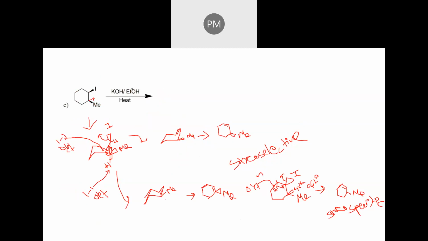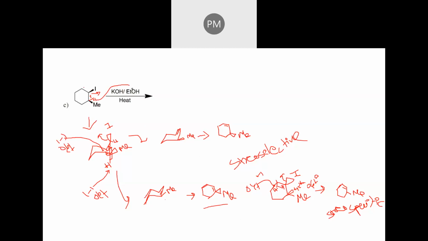So what will happen? This hydrogen will be abstracted by this EtOH, and our iodide is going out. So we are getting the product like this. The double bond will be from here. So this will be our product.